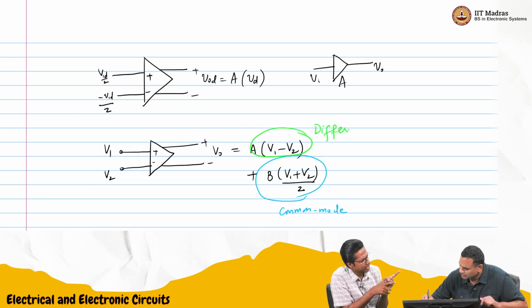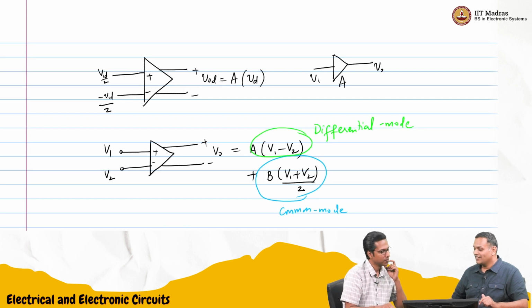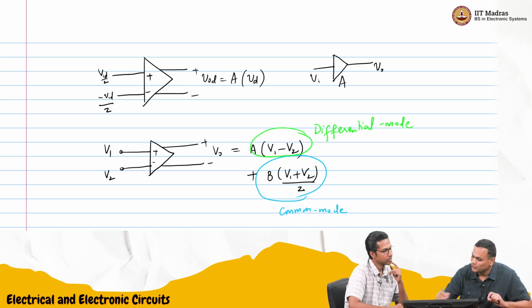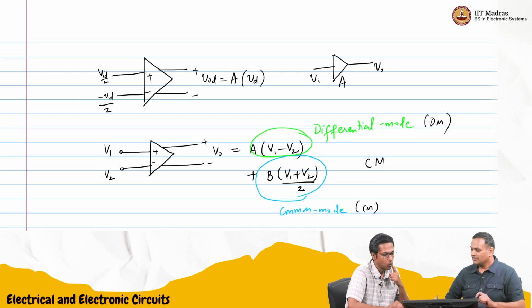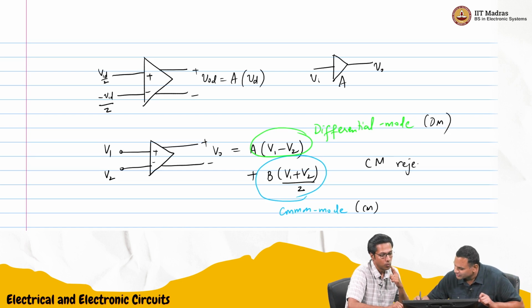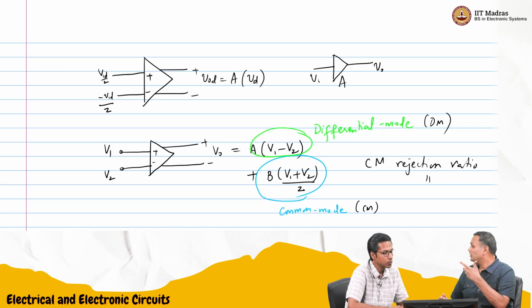And the common mode rejection has something to do with A and B. Maybe I'll call these CM and DM. Your common mode rejection ratio is basically how much the common mode is rejected with respect to the differential mode.